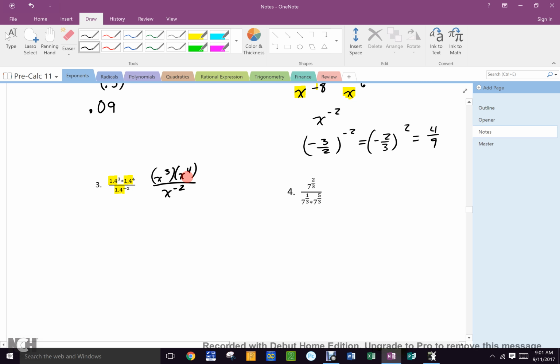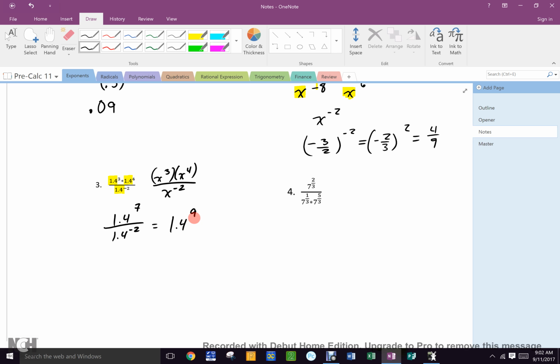Now I put in numbers. Does it change? No. What do I do with the exponents? Add them. 1.4 to the 7th over 1.4 to the negative 2. What do I do with the exponents? Subtract them. What's 7 minus negative 2? To the 9th. So it would be 1.4 to the 9th. And I stop there because I'm only simplifying, right?